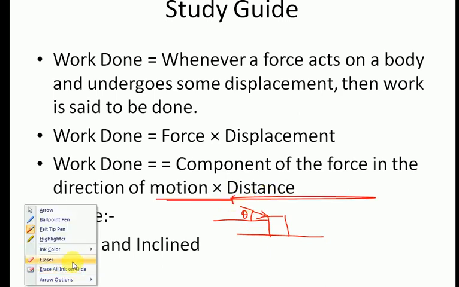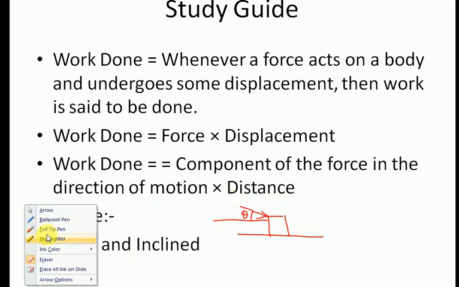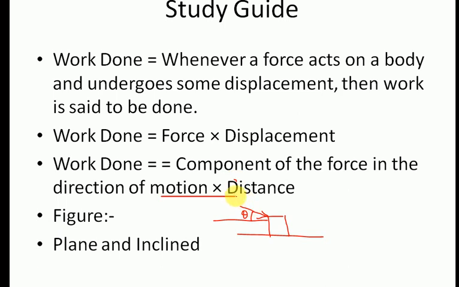Now this force F has two components: one is the sine component and one is the cos component. We are interested in the cos component. I am applying the force in an inclined direction, and this is the angle theta in between the force and the horizontal line. Now I am able to displace the body to this point, and this is the displacement from center to center, and that is S.